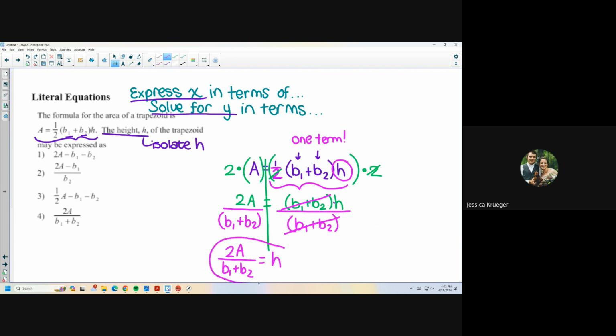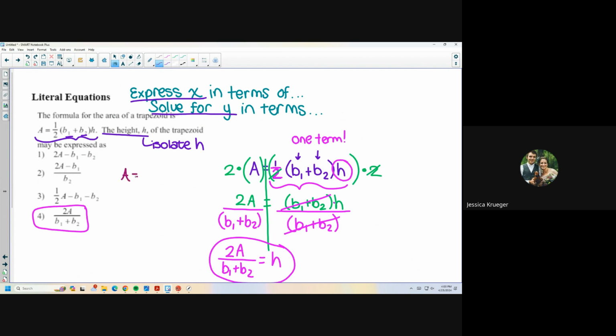And now h is by itself. I'm going to go ahead and look and see if I can find that answer. And I do all the way down here, answer choice 4.